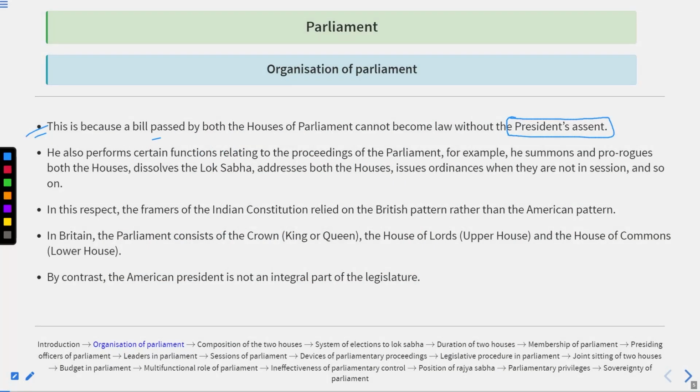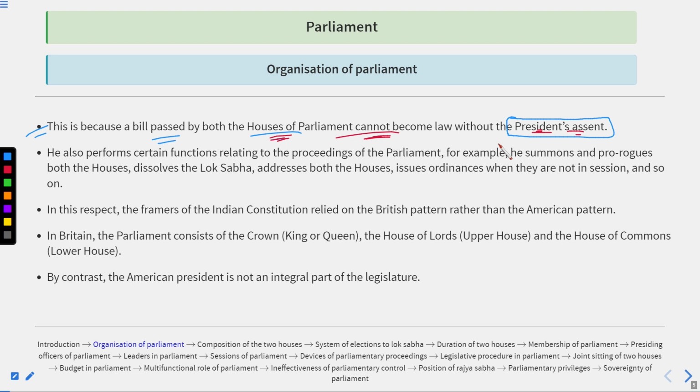All right, the same thing is written down here. The bill may be passed by both the houses, first by the Lok Sabha or the Rajya Sabha, or the Rajya Sabha and the Lok Sabha, whatever. Then it can only become law once it gets the presidential assent.